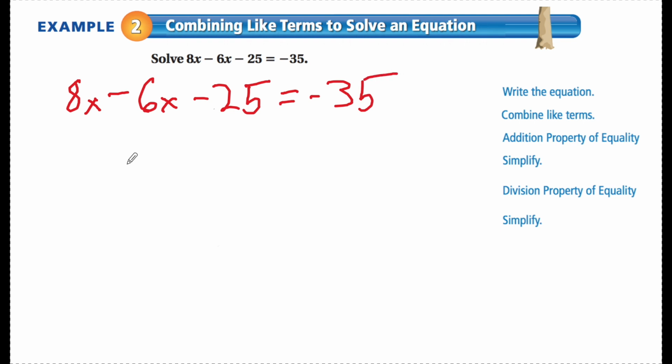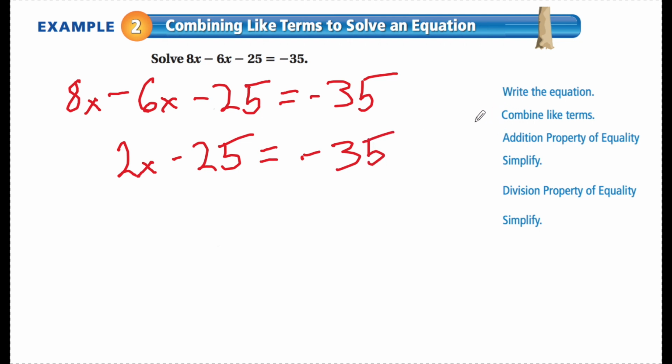Then we combine like terms. Well, 8x and 6x are like terms, so we'll combine them. 8x minus 6x is 2x. There's no other like terms to combine, so it's 2x minus 25 is equal to negative 35.